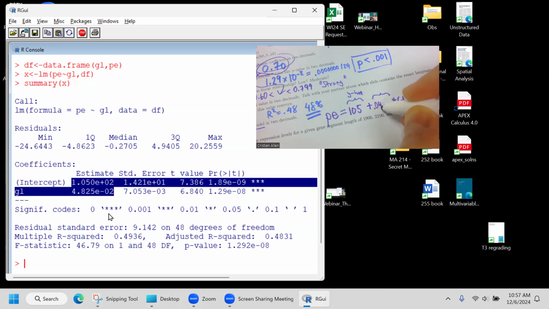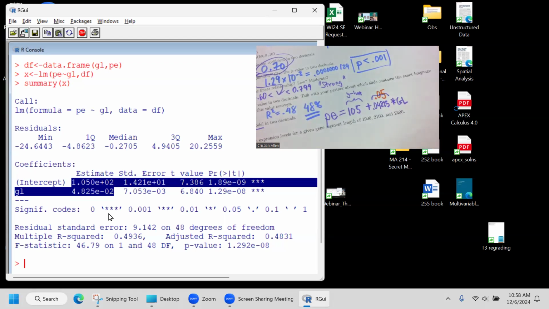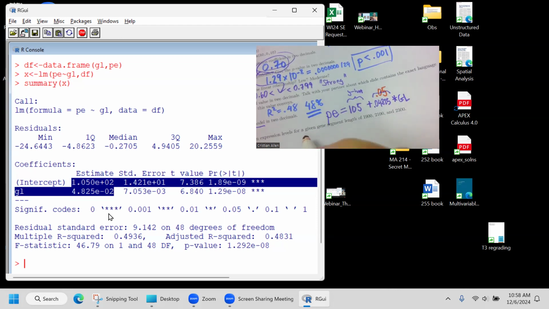So 0.04825, or as the worksheet says, it says give 2 decimals. So let me correct this and say 0.05.